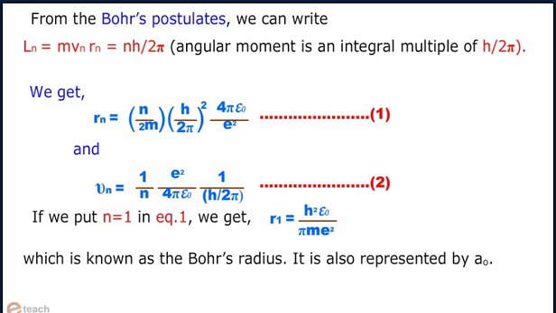We get r_n equals n by 2m into (h by 2 pi) squared into 4 pi epsilon naught by e squared. Let us call this equation 1, and velocity v_n equals 1 by n into e squared by 4 pi epsilon naught into 2 pi by h. We call this equation 2.